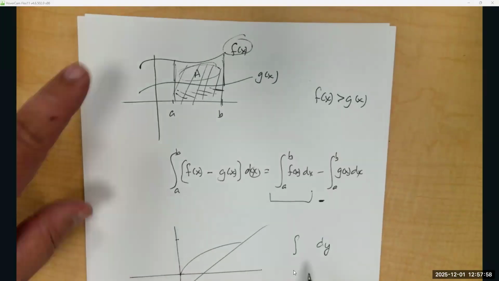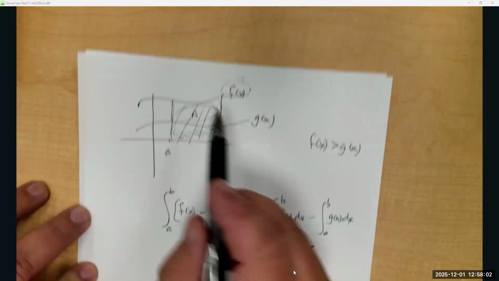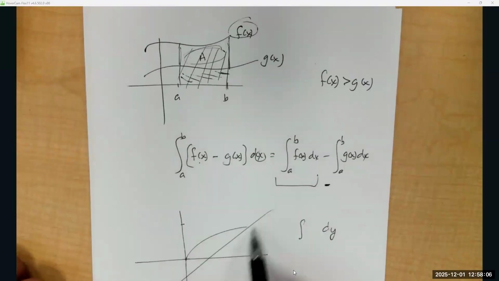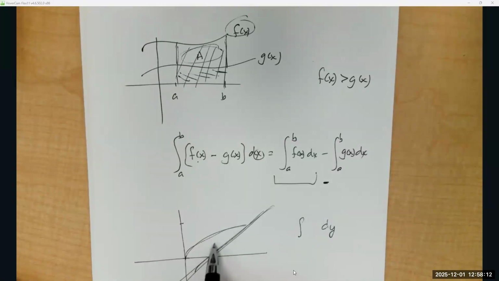If it's horizontal or vertical, it doesn't matter. For this one, whatever is higher goes first. For this one, whatever is farther to the right goes first. So this is the bigger one minus this one. It's this area minus this area. Gives us this area.